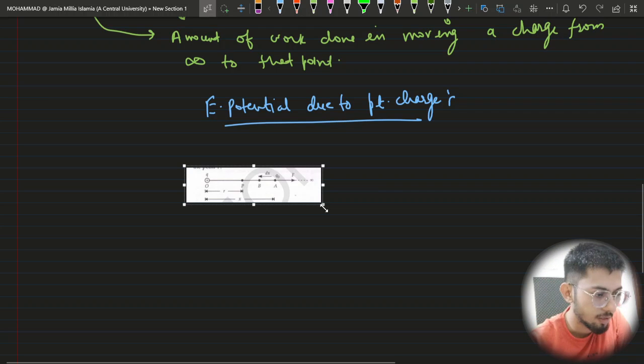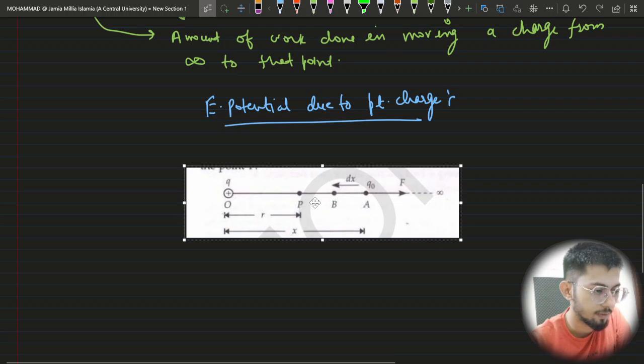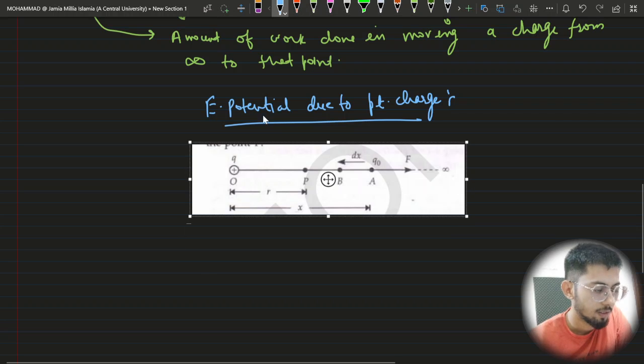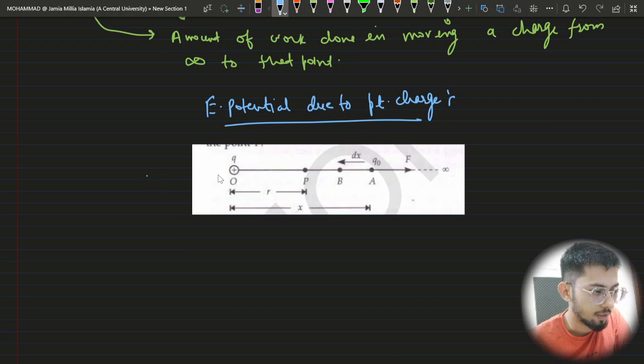See this diagram. Here we have a point charge Q situated at a point O. We want to find the electric potential at this point P at a distance R from this.